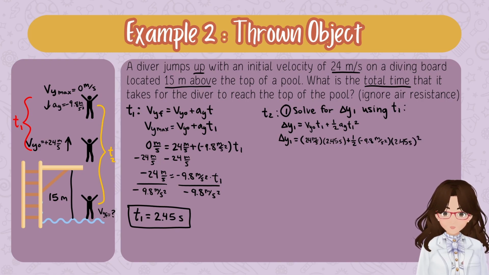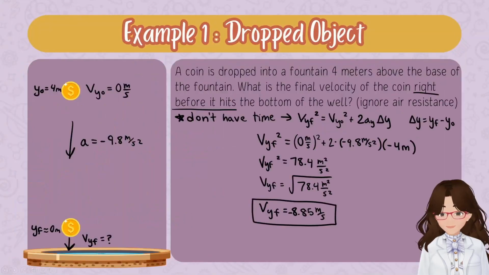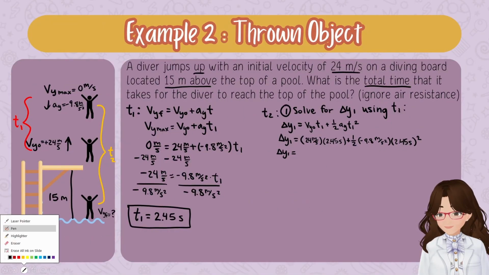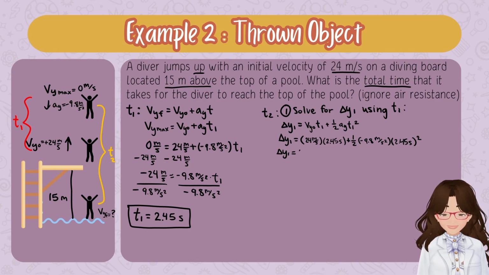And once again, we're going to grab a calculator to get that displacement there. And our solution is 29.39 meters. Right? So that's going to be our total height moving upwards during that time.